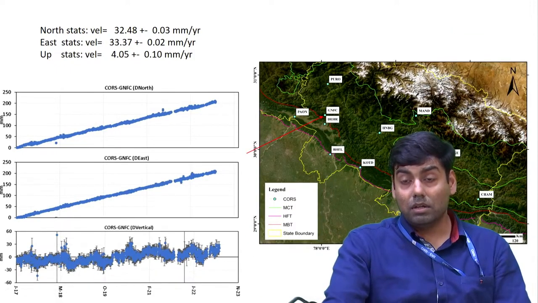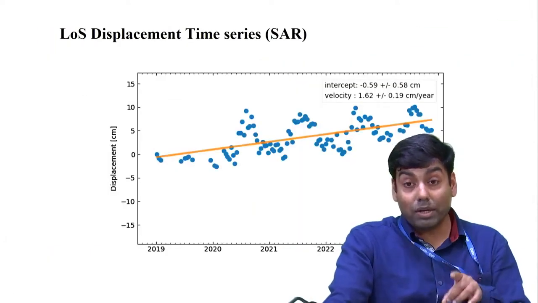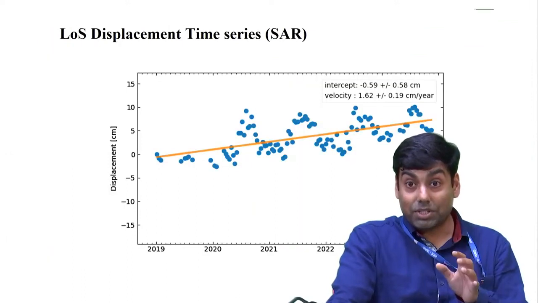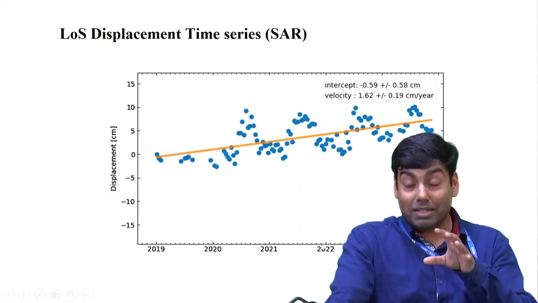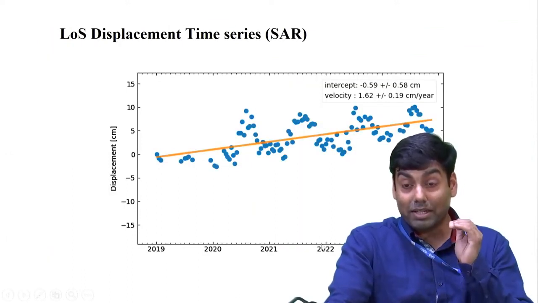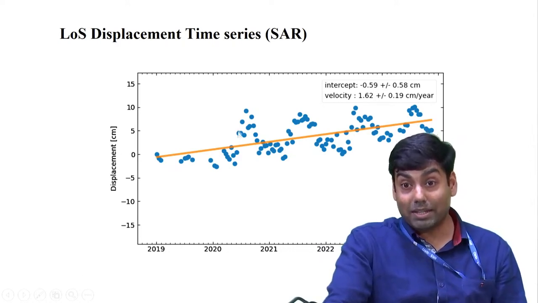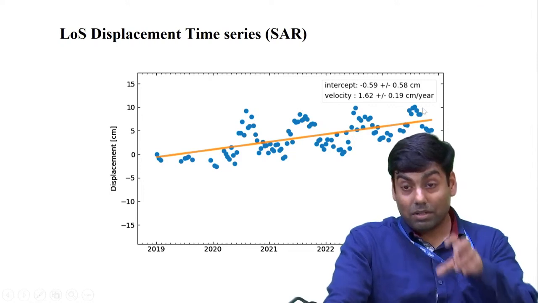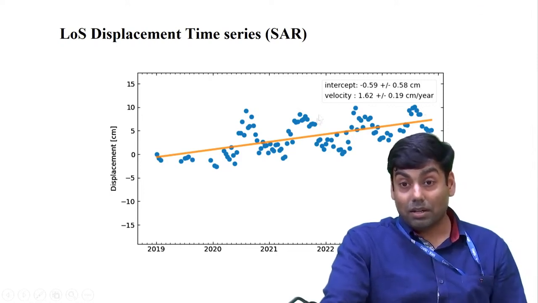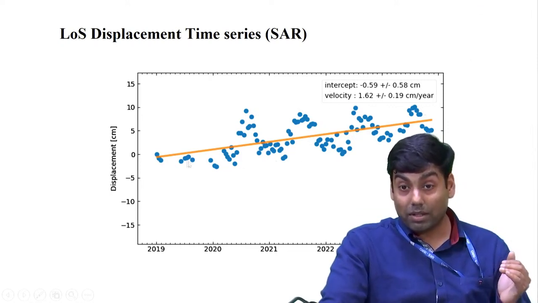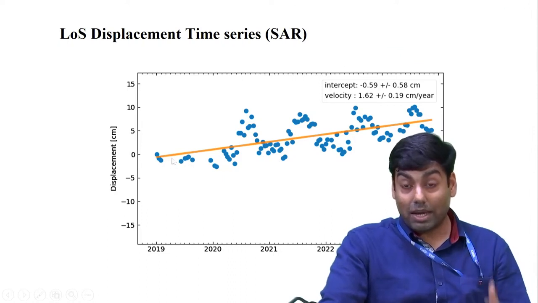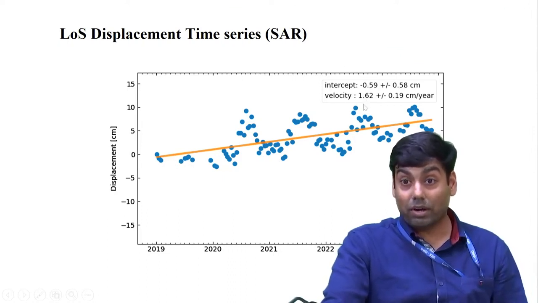This is the spatial location, and not only the GPS station but also the SAR, the Sentinel-1A, has given very significant information. You can see the sinusoidal variation of this region, showing the upliftment in the line of sight direction, and it is 1.62 centimeter per year.